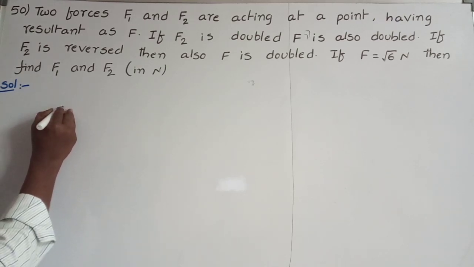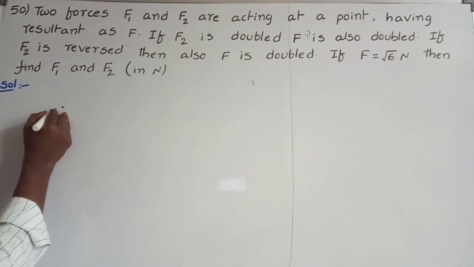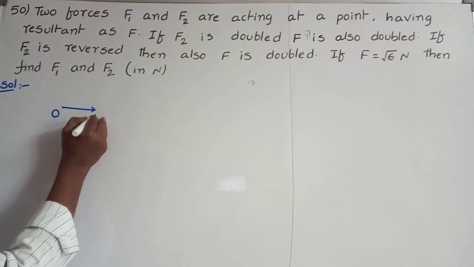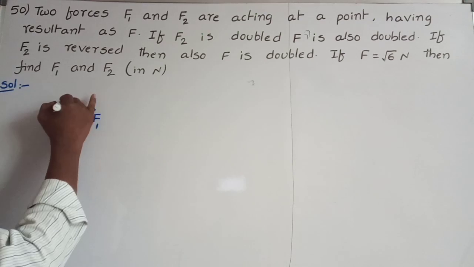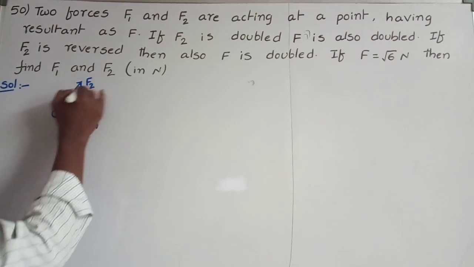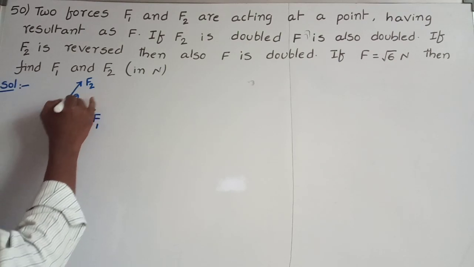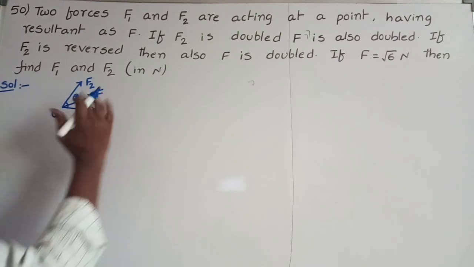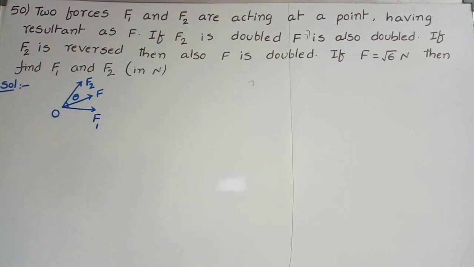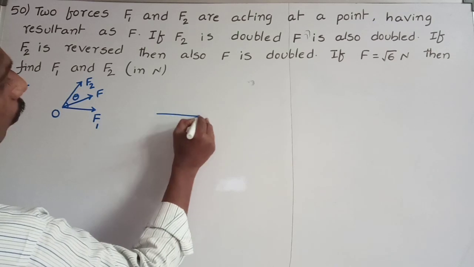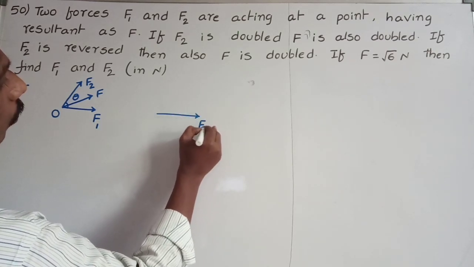According to the problem, take a point O. On this point O, two forces F1 and F2 are acting, making an angle theta with each other. The resultant of these two is taken as F. Now, F2 is doubled, F1 unchanged.